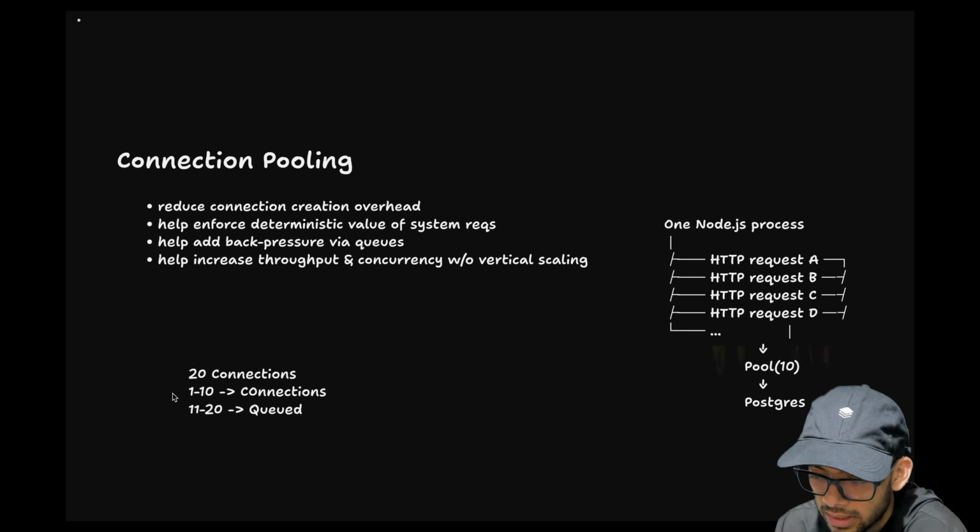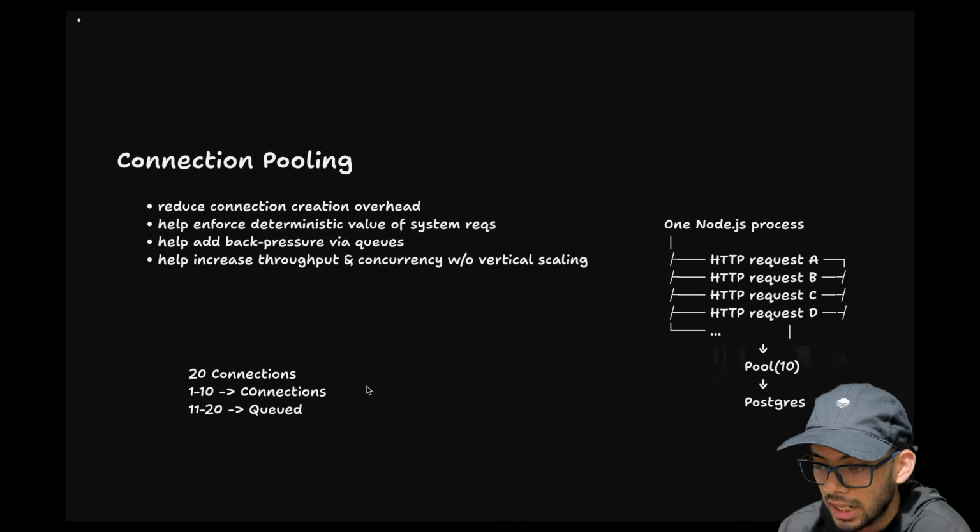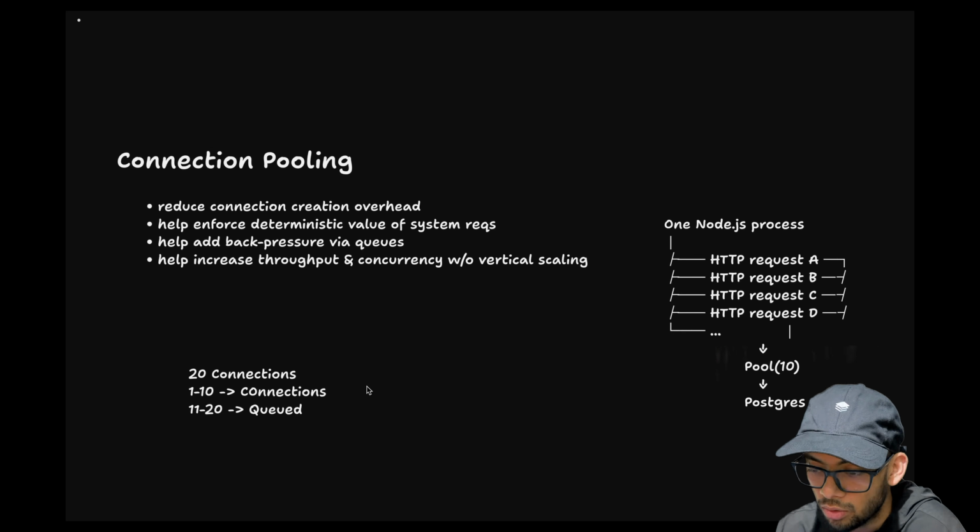As soon as any one of the connections completes its operation or transaction, a request from the queue takes and reuses the same connection to continue its operations. So you are able to maintain a maximum number of connections you would like to allow for a Node process to make, and also reduce the connection overhead by reusing the same connection across different HTTP requests.